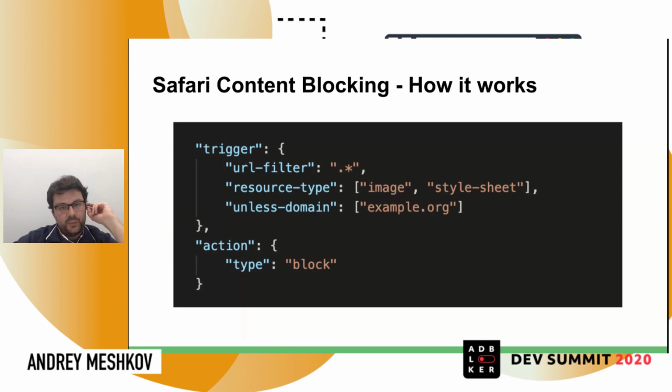Let's take a look at how these content blocking rules look. They consist of two parts, trigger and action. So the trigger part defines what request the rule should be applied to. And the action part, as in the name, defines what the content blocker does to this matching request.